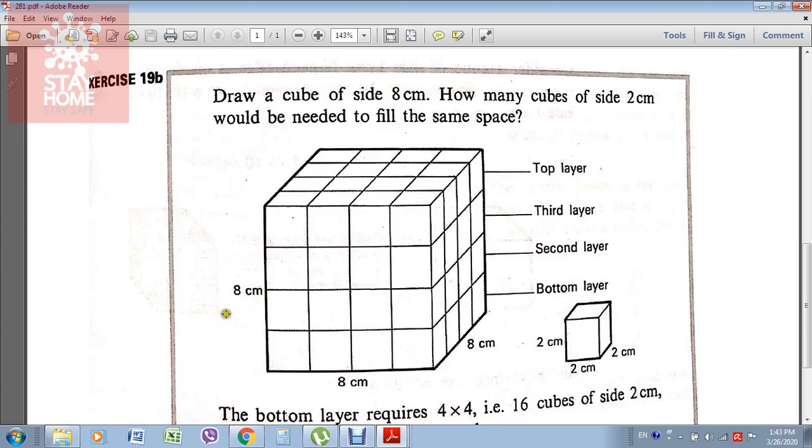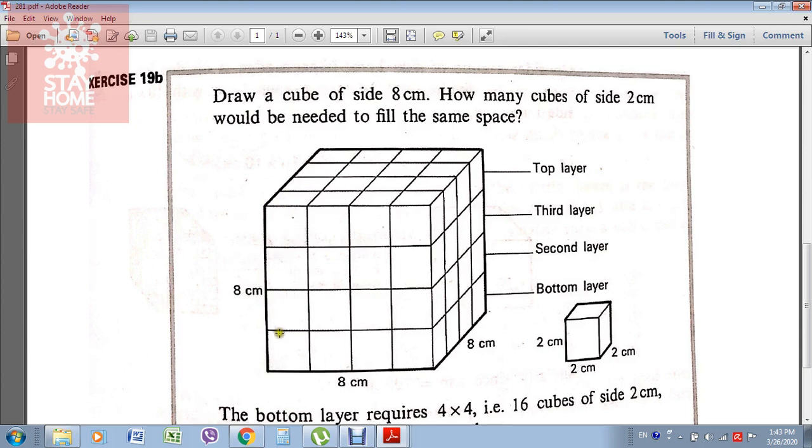Here 1 2 3 4 boxes on this side, 1 2 3 4 boxes on this side. So now the question is, what is the measurement of one box?